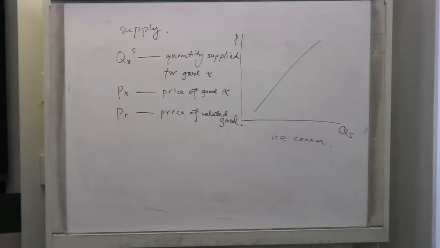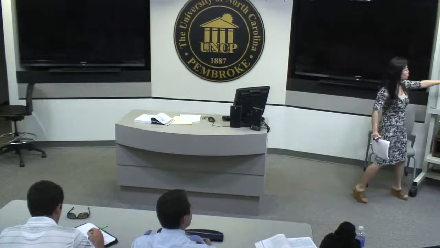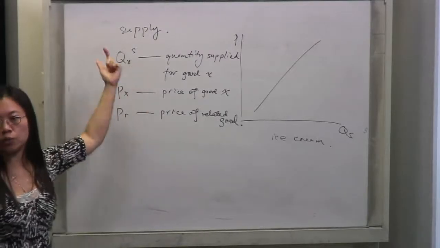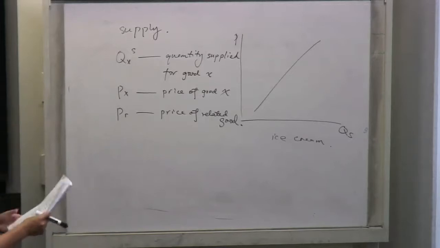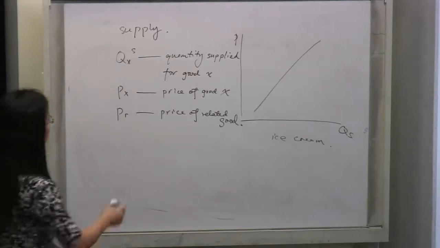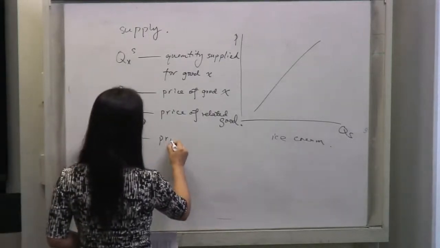So your supply of wheat is going to be smaller because the price of soybeans goes up. So that's an example of how the price of a related good affects the quantity supplied of another good. Then the next one: we use W to represent the price of input.